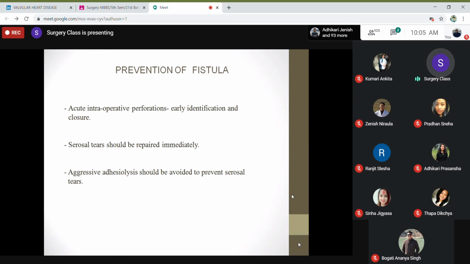In that area, if there is intra-abdominal contamination, if you have operated because of some perforation, peritonitis or sepsis, then there is a chance of formation of fistulous communication. And aggressive adhesiolysis: as you know, intestinal adhesions are the main cause of intestinal obstruction. So whenever you do an adhesiolysis, serosal injury can also happen.